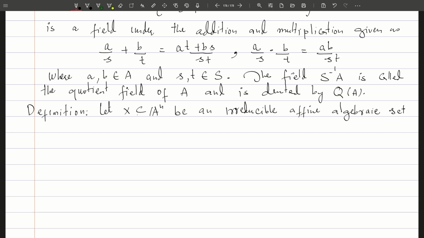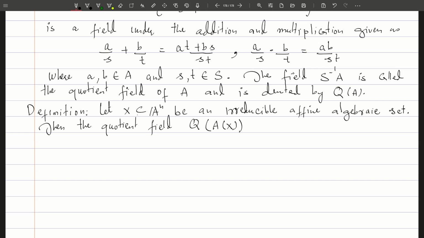Then the quotient field Q of A of X, the quotient field of the coordinate ring of X.